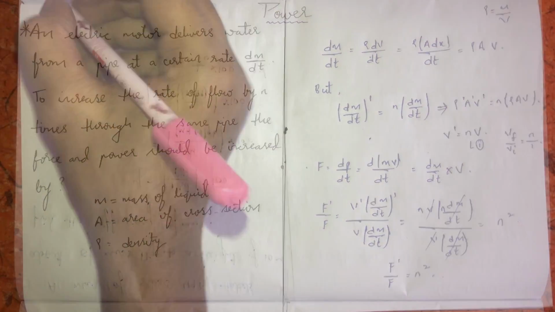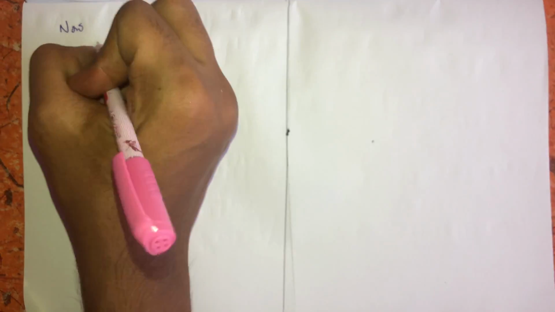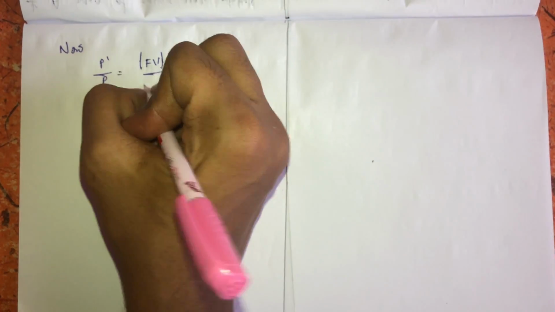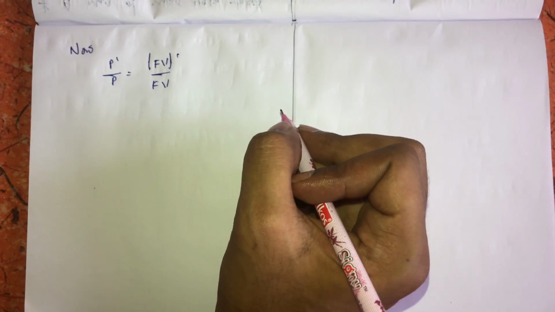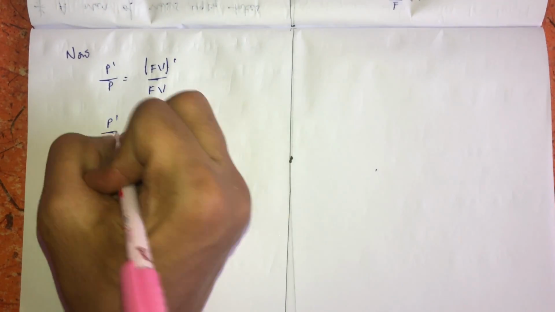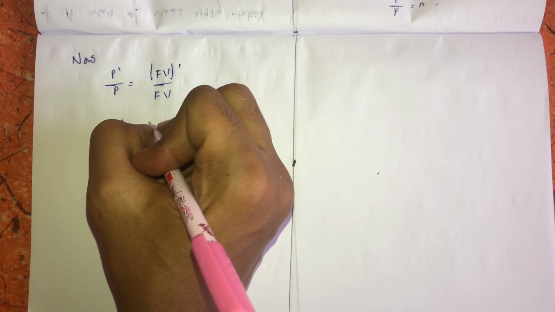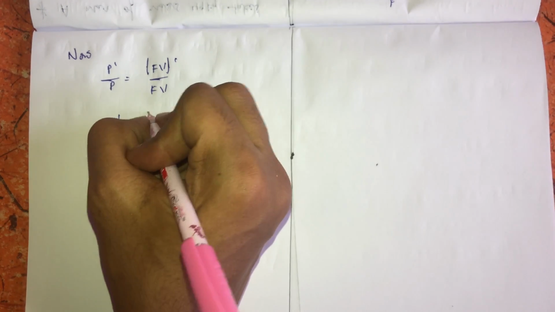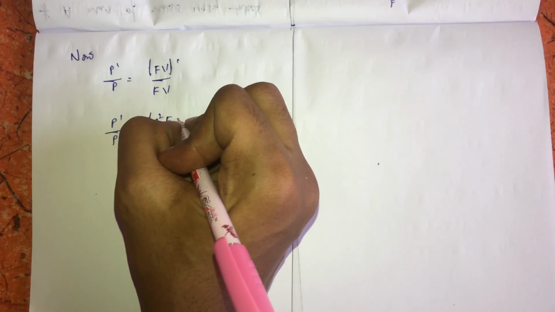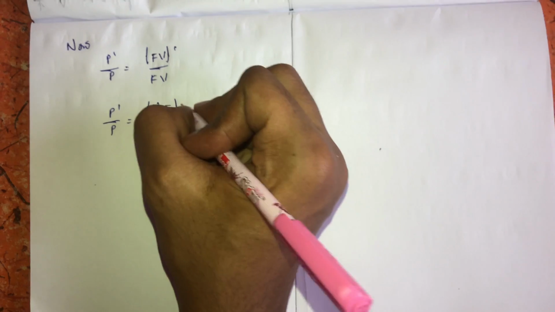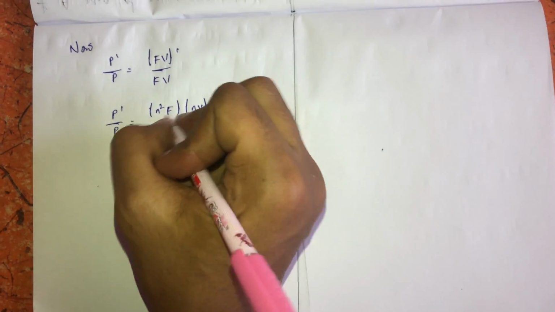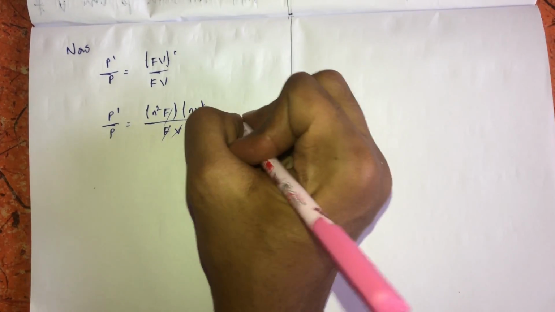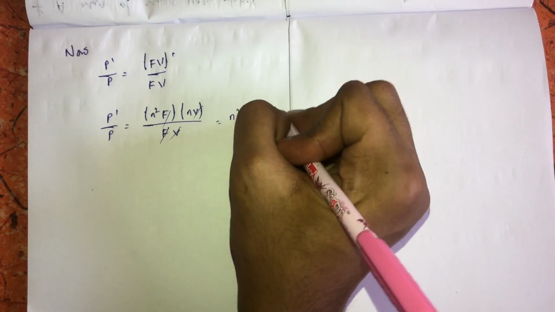That's clear. But they even asked for power, so now P dash by P will be equal to F dash v dash by F v, as power is equal to F into v. The value of F dash is n square F, and the value of v dash is nv. F and v get cancelled, so finally we are left with n square into n, which is n cube.